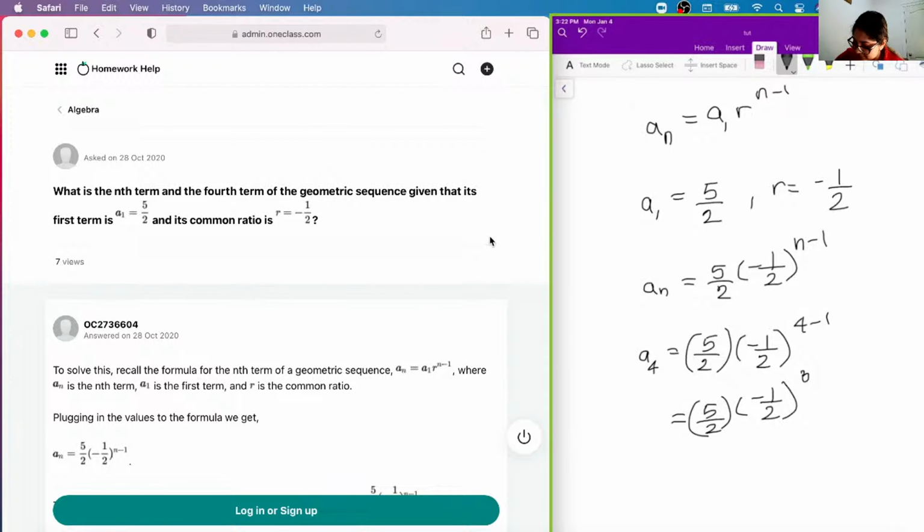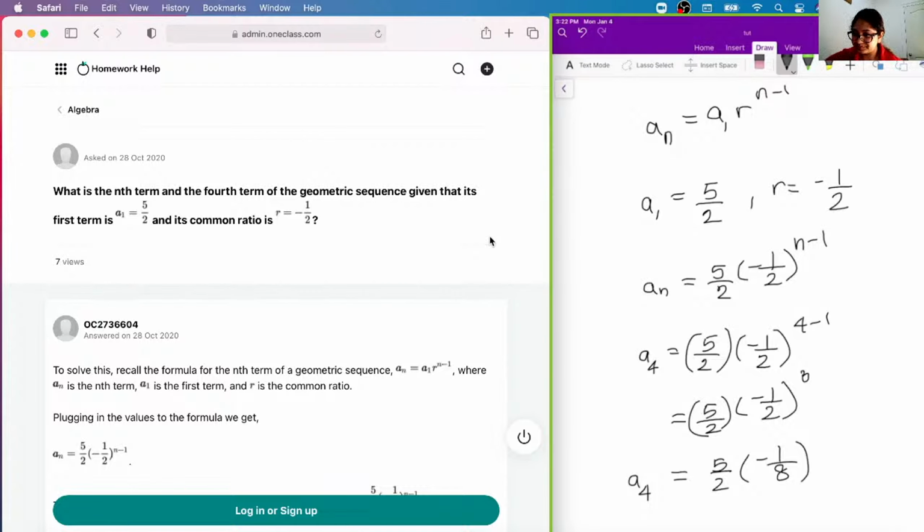Okay, and so to further evaluate this, you would get here 5/2, and then you would get -1/8, right? If you just cube this, you would get this answer.